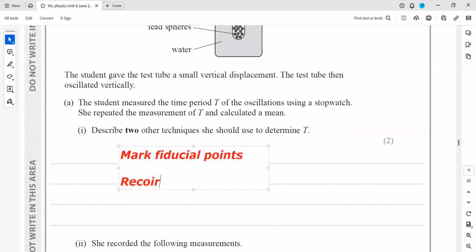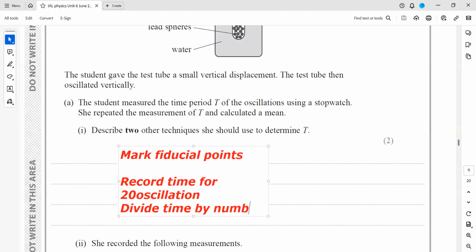Then record the time for multiple oscillations, like 20 oscillations, and divide the time recorded by the number of oscillations. That should be done.